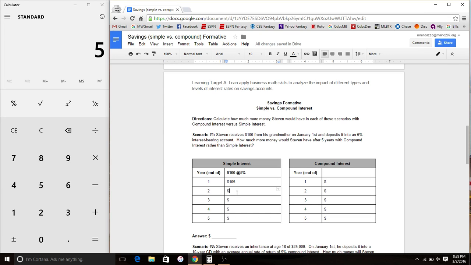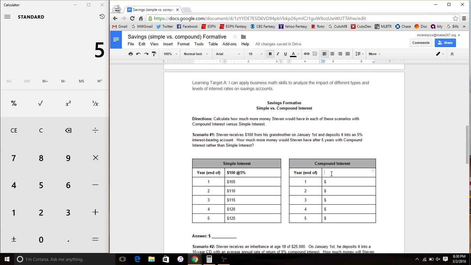So after year two, on simple interest, you only make interest on the amount you put in. So I can't do the 5% on 105, I have to do it on the original 100. So basically, you're just going up by $5 every time. So after 105, it's 110. After 110, 115, 120, 125. Okay, pretty simple. That shouldn't have been hard.